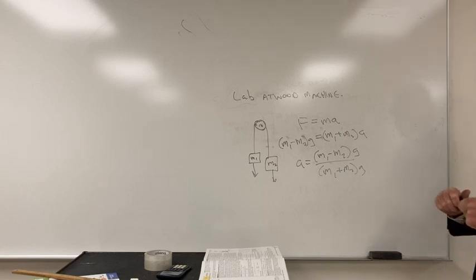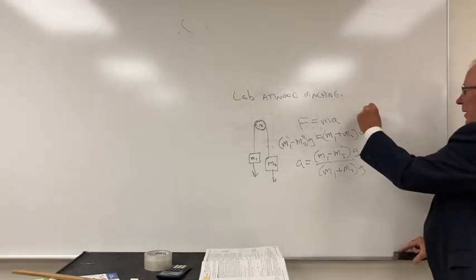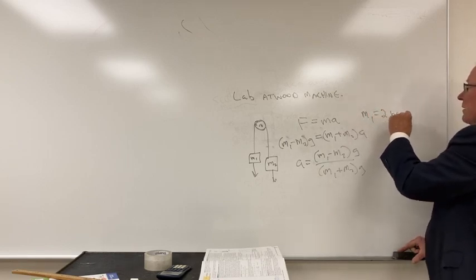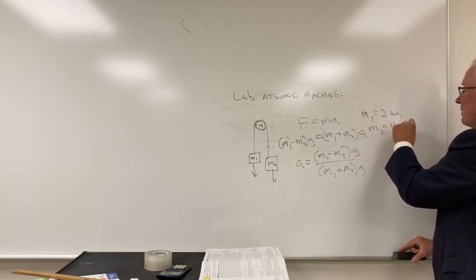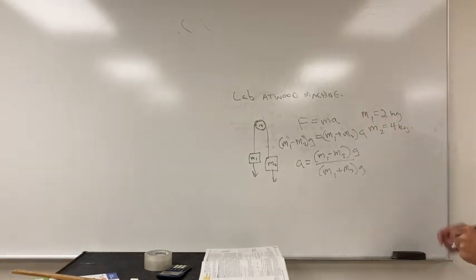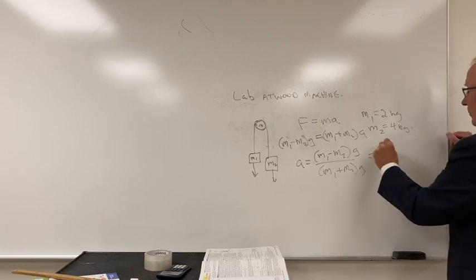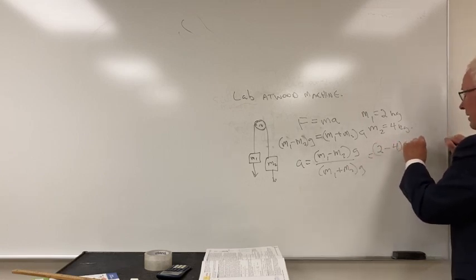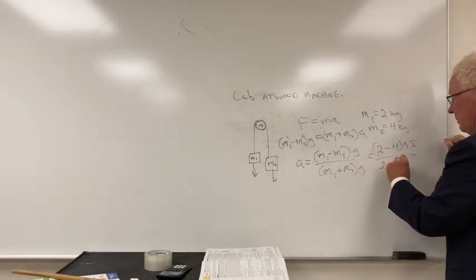So let's do one simple example with this. Let's pick M1 is 2 kilograms and M2 is 4 kilograms. Doesn't matter, just pick a couple numbers. And we'll be doing this in the demonstration lab. So it'd be (2 minus 4) times 9.8 over (2 plus 4).